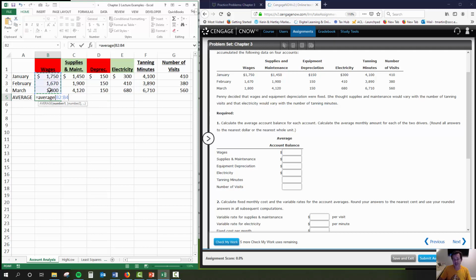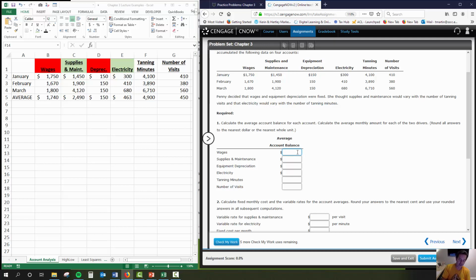I'm just going to highlight, select those components, and drag them on down. Now, those aren't dollar amounts per se, so I'm not going to let the dollar sign stay there. So that's number one, and we're just going to put in those averages because that's what the problem asks for.